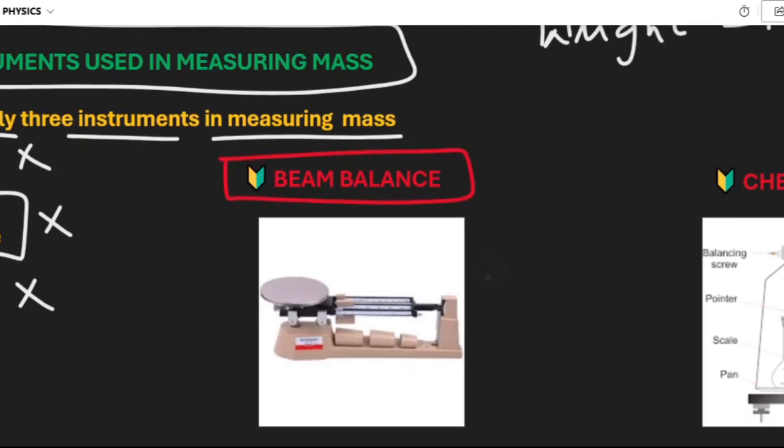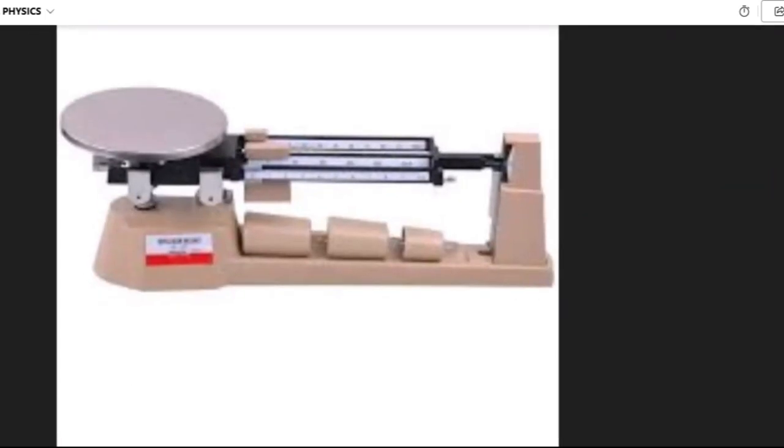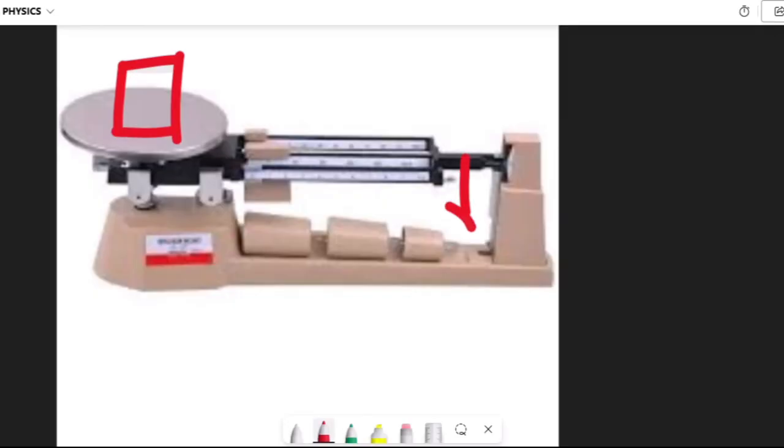The beam balance is majorly used to measure the mass of a substance. For instance, let's assume I want to measure the mass of a box. When I place my box here on this plate, we are going to have a kind of pull at the side.